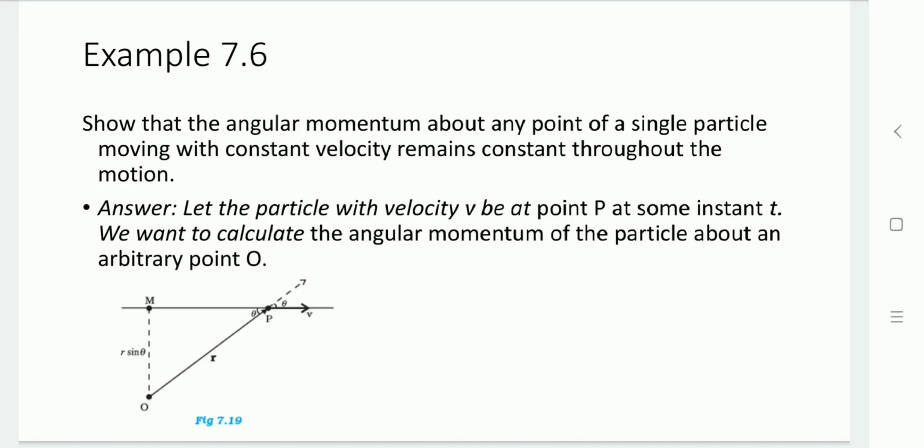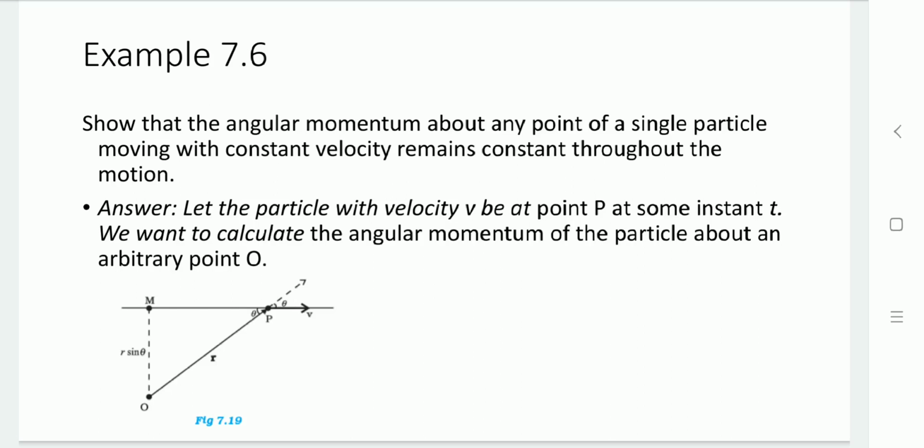Now we are going to calculate its angular momentum about an arbitrary point O. So angular momentum L equal to r cross P, and P equals m into v. So L equal to r m v sin theta, where theta is the angle between r and v.